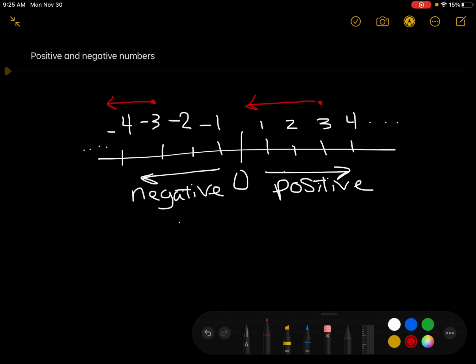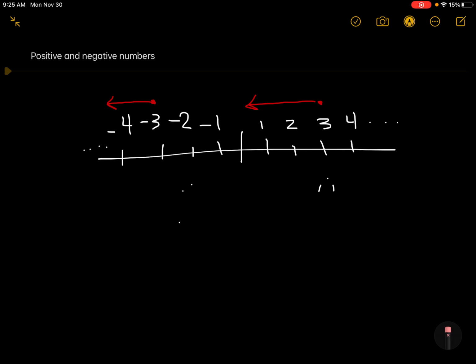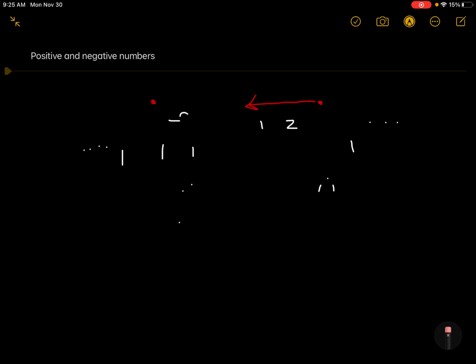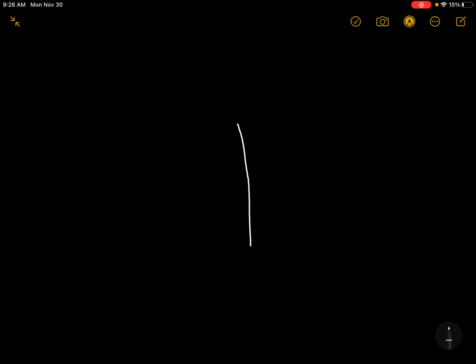Now, we could also represent a number line as a vertical line as well. So for instance, we could draw a number line going up and down, with our negatives going down and our positives going up.